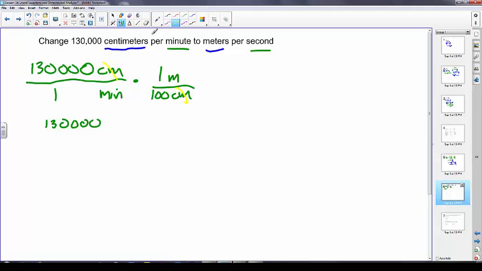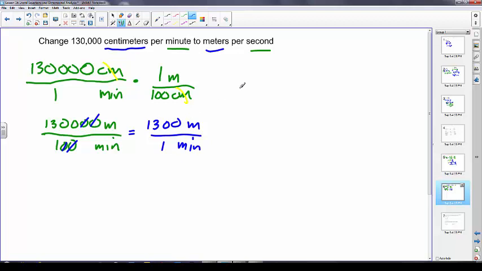Centimeters go, centimeters go. So I have meters per, notice on the bottom now, I have 100 minutes. But in doing this division, these zeros go and these zeros go. So what I really have now is 1,300 meters per 1 minute.